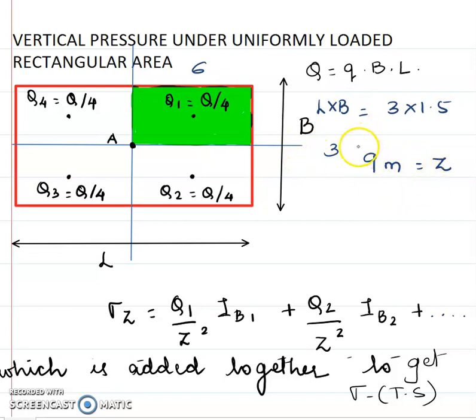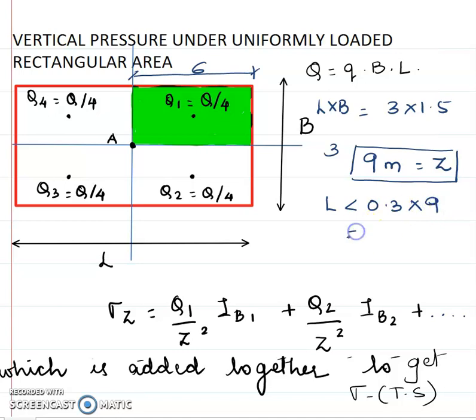So because the depth is 9 meters, the largest dimension, that is this dimension L, has to be less than 0.3 times 9. That is how much? 2.7. How much is our L? It is 3.